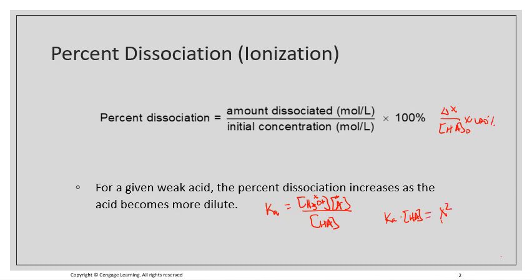So as the concentration gets smaller for the HA, the product of the Ka times the HA will be a smaller number. And again, we're taking the square root of that. So it's going to allow for the value for X to be larger in comparison to the initial concentration.